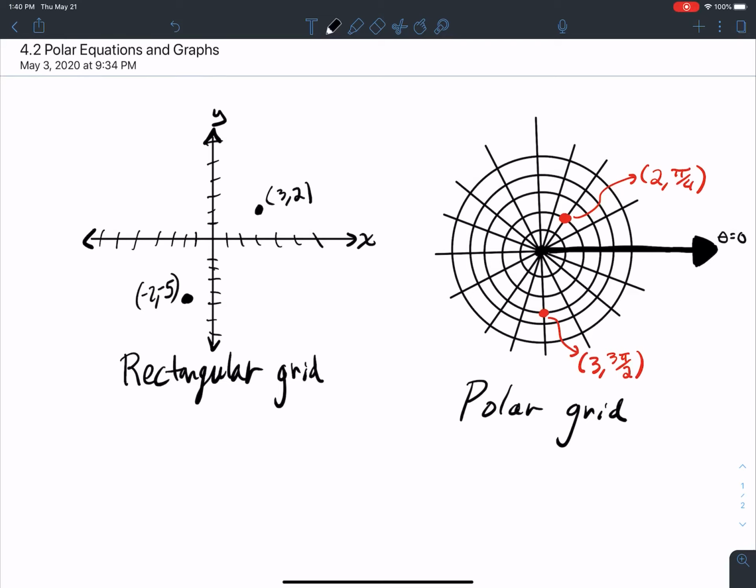So we've got two different ways we can graph points. One is on the rectangular grid, the x comma y coordinate system.